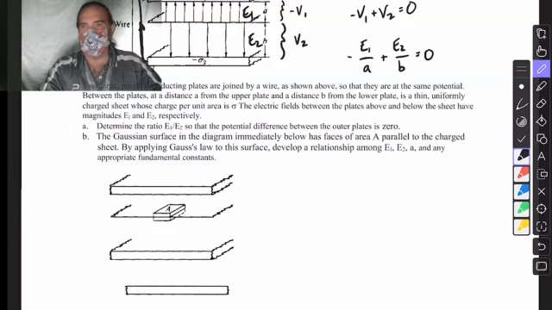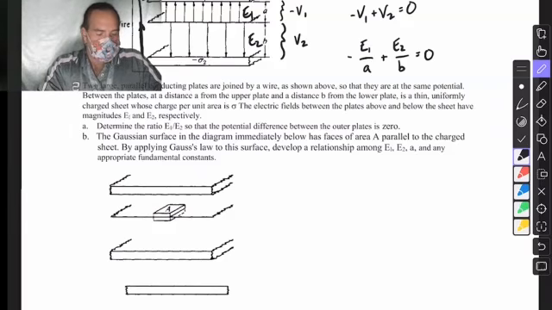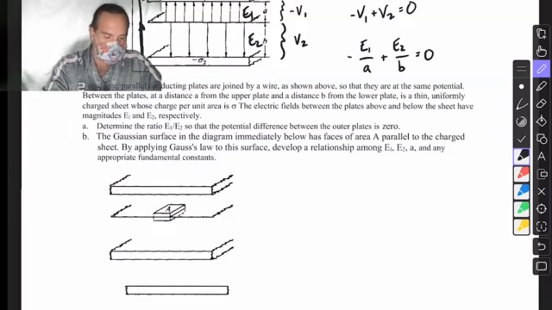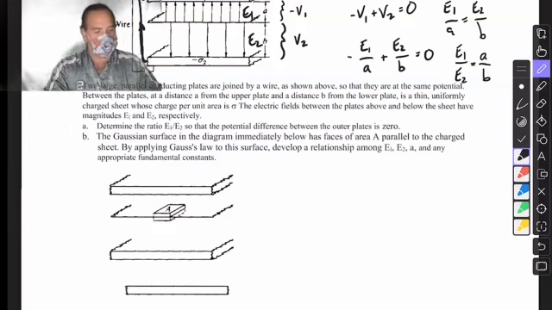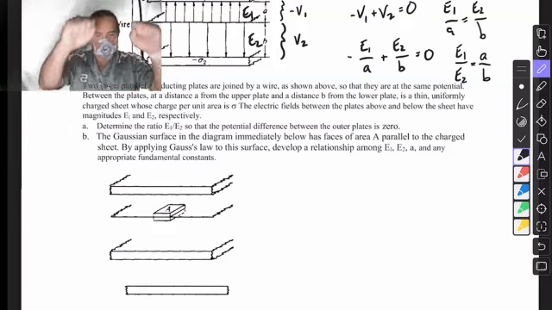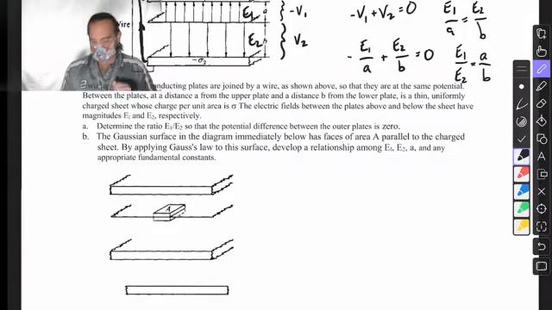Anything weird I'm saying? All righty, that's good. Then I just need to get E1 to E2. It looks like I can set those two things equal to each other. So E1 over A equals E2 over B. Do a little cross multiplication, and I get E1 over E2 equals A over B. Woohoo!